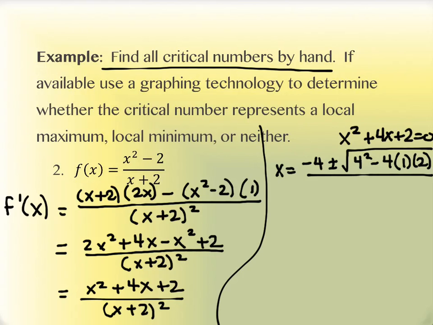All over 2 times 1. Very good. So I have negative 4 on the outside. What is the part underneath the radical? It's called the radicand. What does that simplify to?